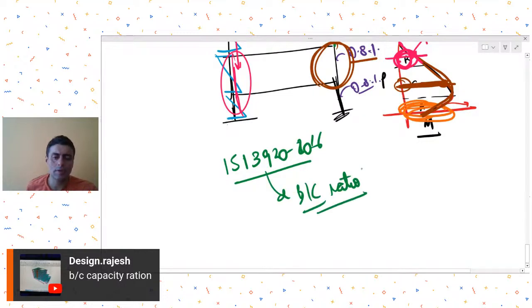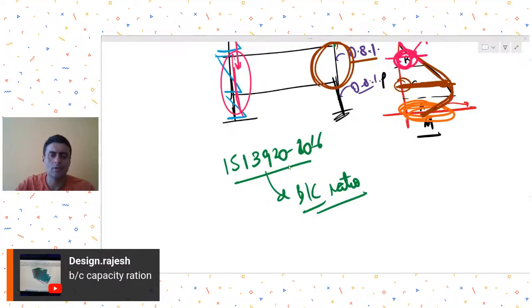This check has to be performed at all levels except for the top level up to some height of the structure. I think up to 15 meters you are allowed to exempt your top story from this check, if I remember correctly. Otherwise, you have to perform this check.